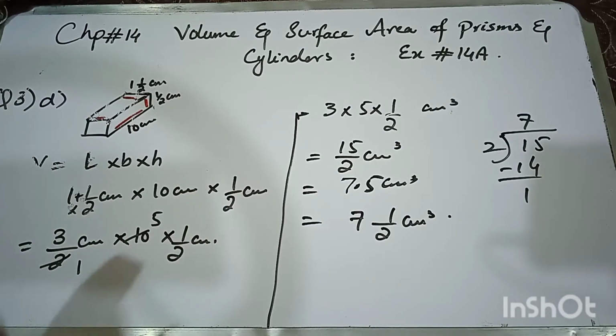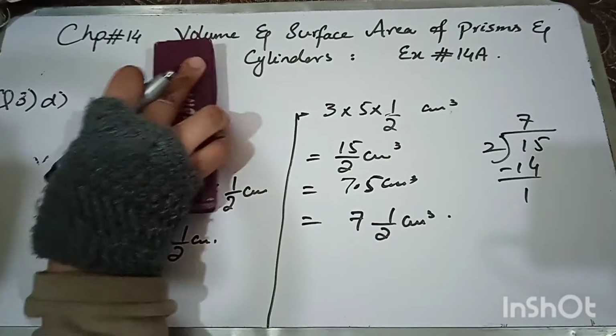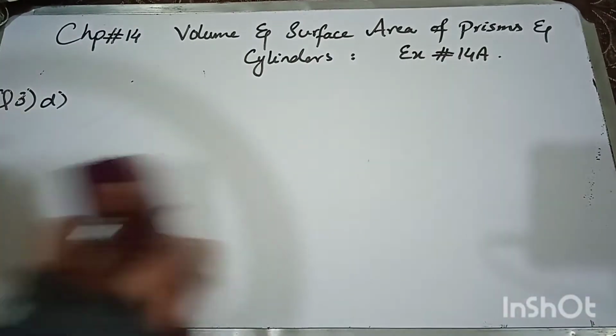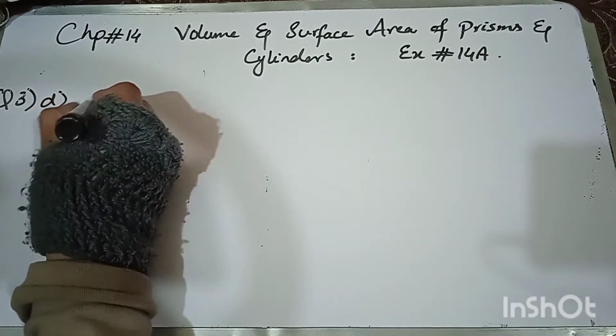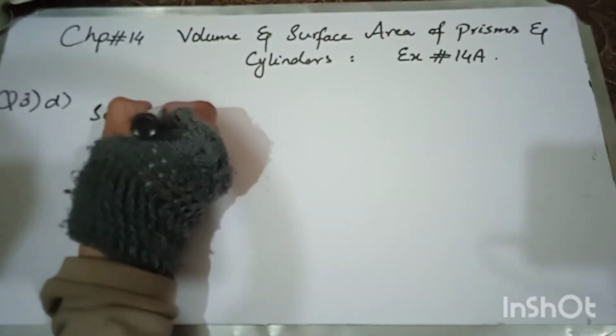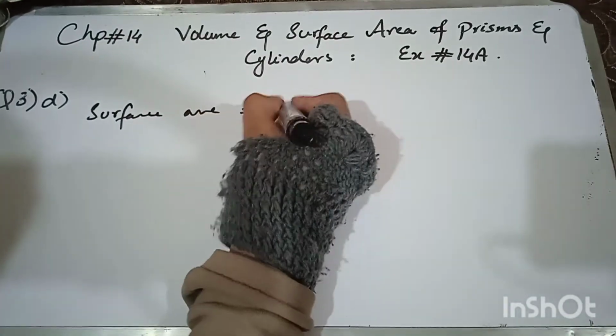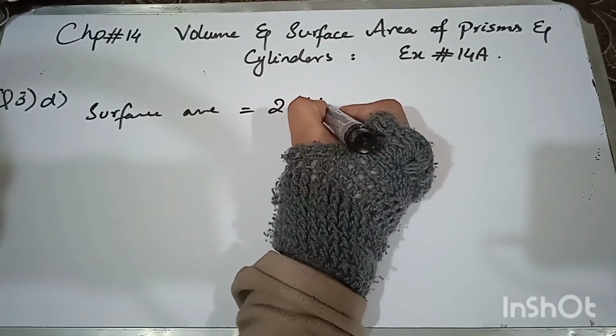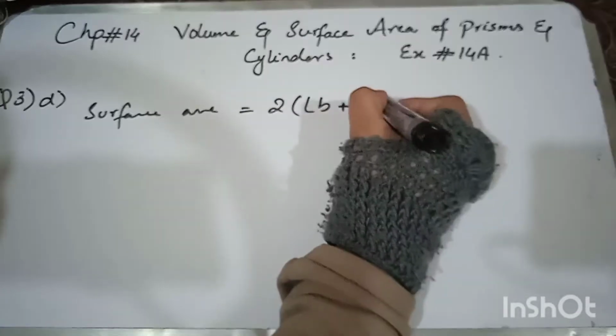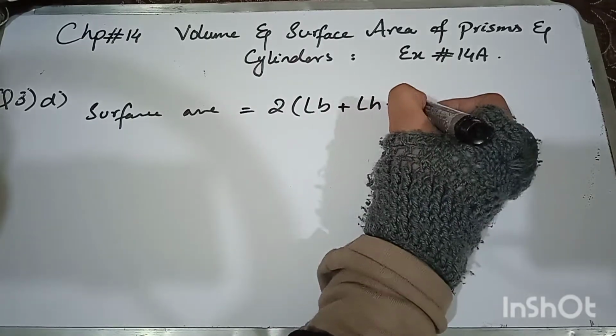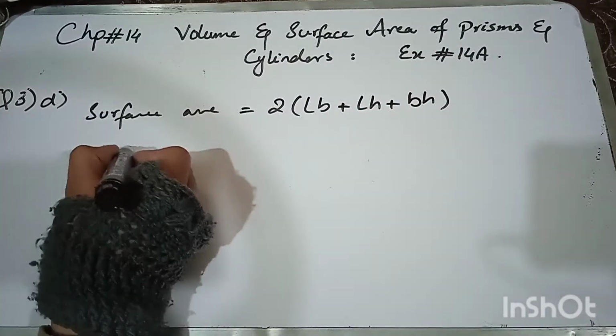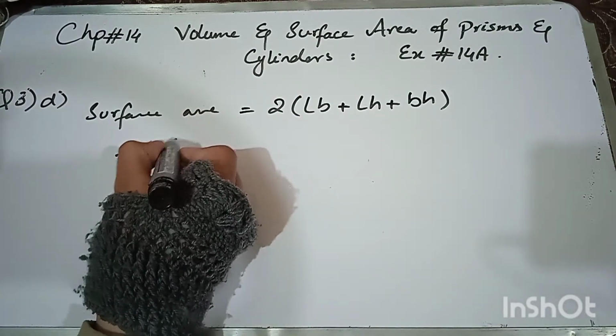Now we have to find out the surface area. ठीक है. Now for the surface area, the formula is equal to 2 into length into breadth plus length into height plus breadth into height. Now we have to put in the values.